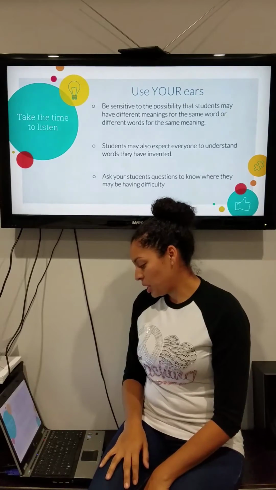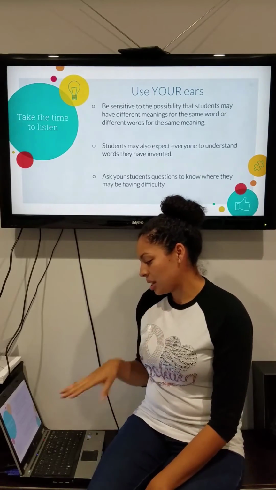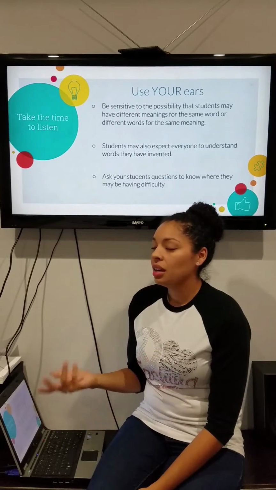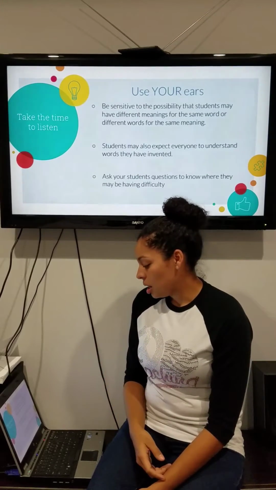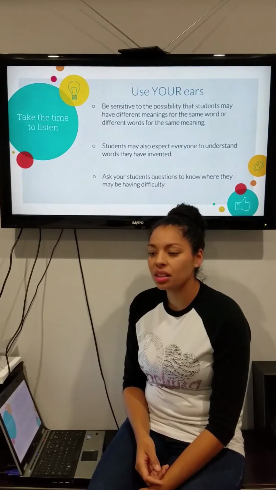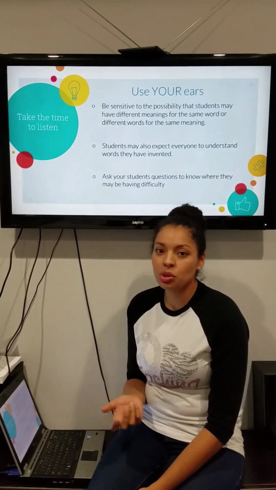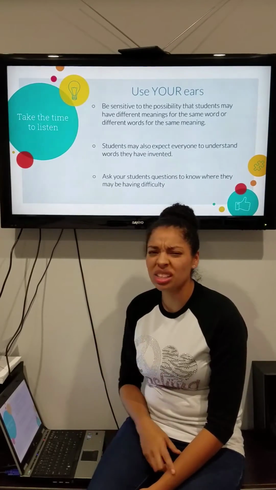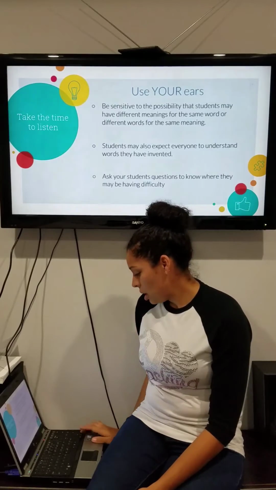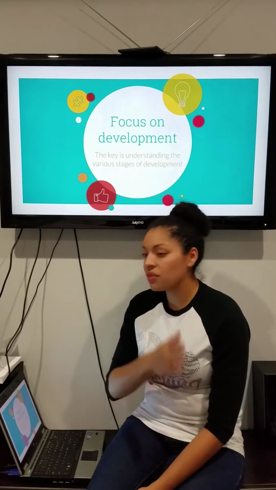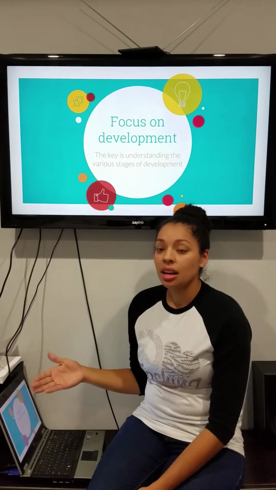And so to address all of these cognitive, literacy stages, ask questions, allow your students to make mistakes, and have them feel free to ask you, and know that it's okay to be wrong sometimes. So the key is to understand the various stages of development.